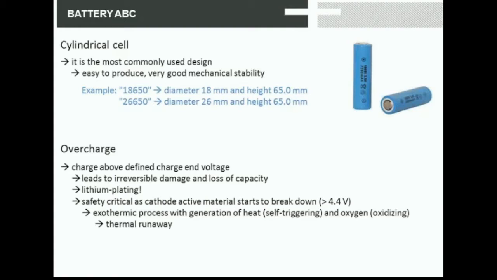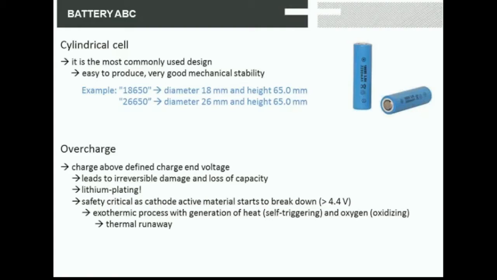The most common industrially used cylindrical cells are the 18650, which means a diameter of 18 millimeters and a height of 65 millimeters, and the 26650, which has a diameter of 26 millimeters and a height of 65 millimeters.